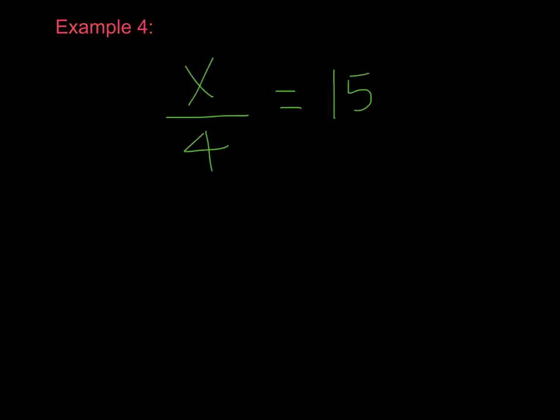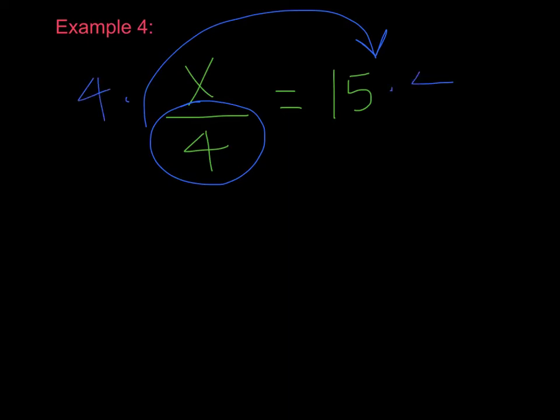Here's a problem where we're dividing. It says that what divided by 4 equals 15? We want to get this on the other side. What undoes division? Multiplication undoes division. So if I multiply both sides by 4, 4 divided by 4 is 1.